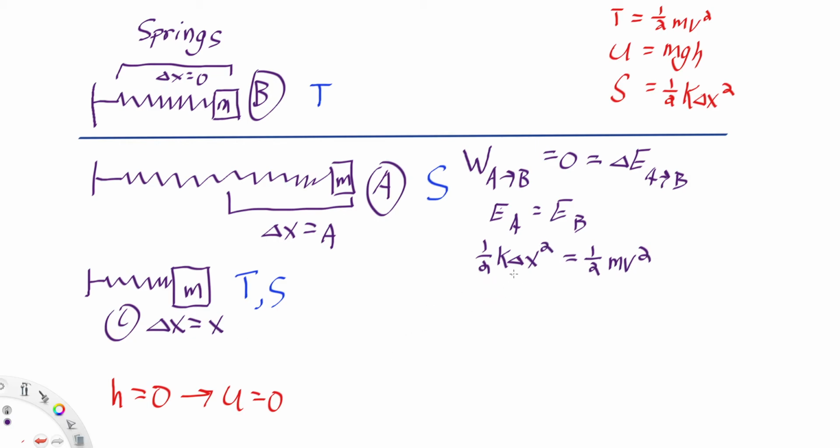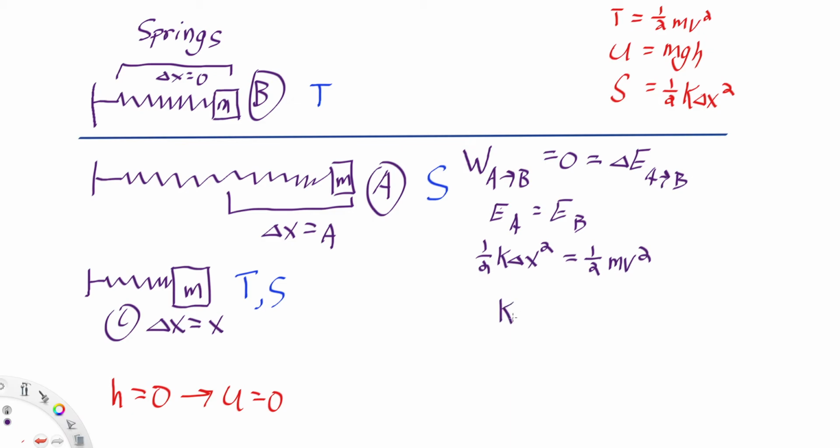So if we know how much we pulled it back, or how much we stretched it by at A, we can actually solve for how much velocity it must have at B. So the halves will cancel on both sides. Our delta x at point A is actually just A, the amplitude.